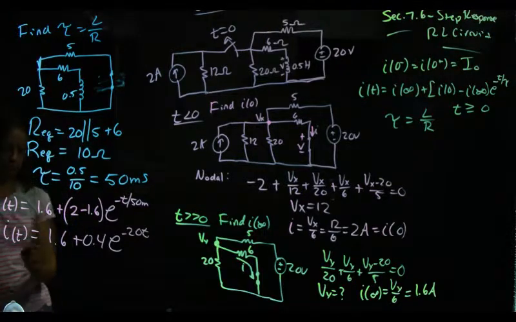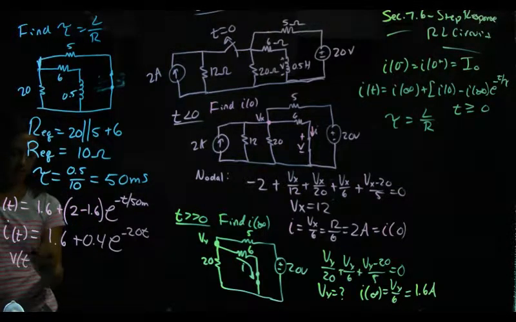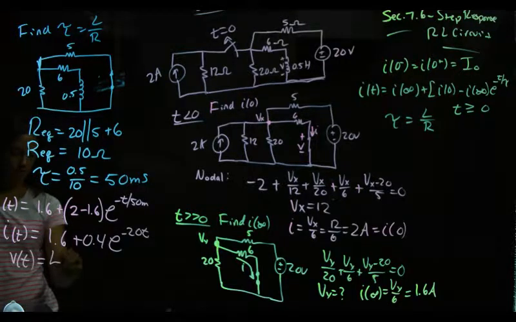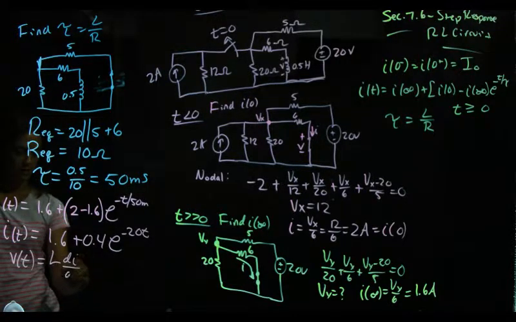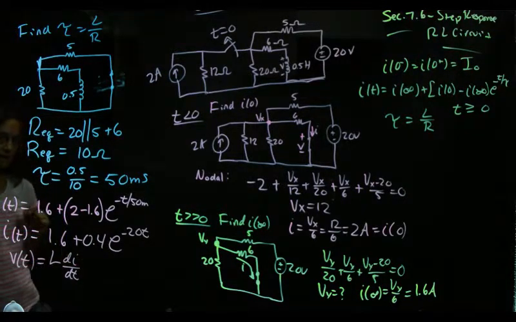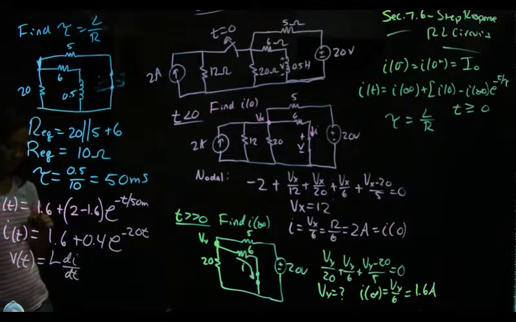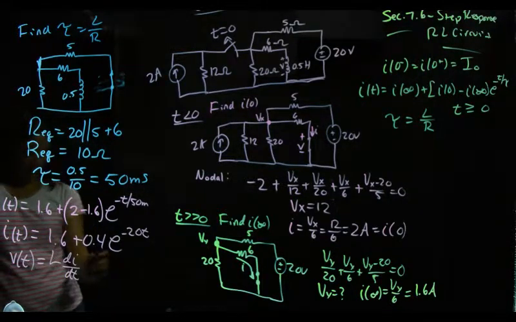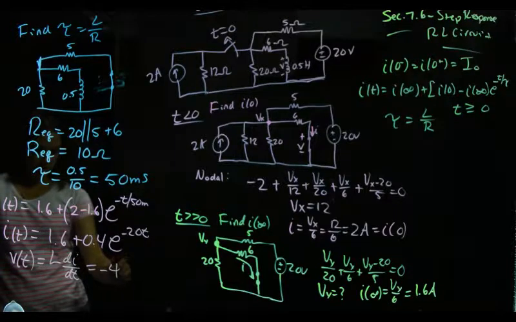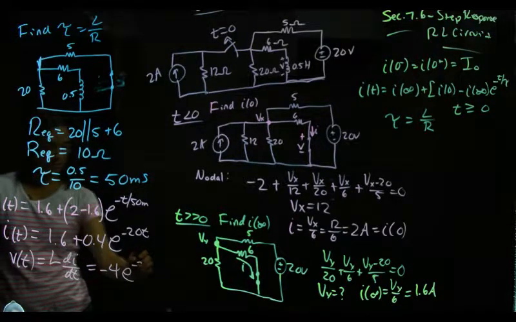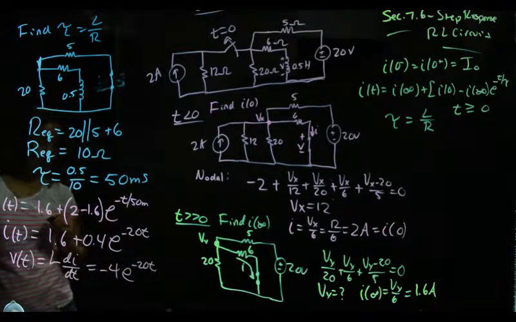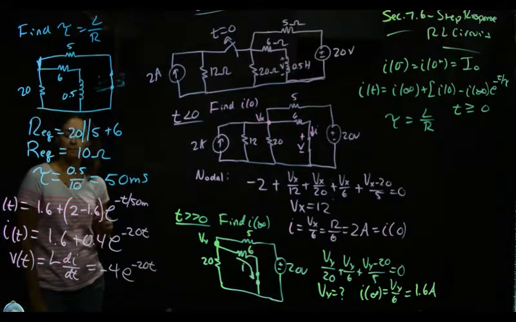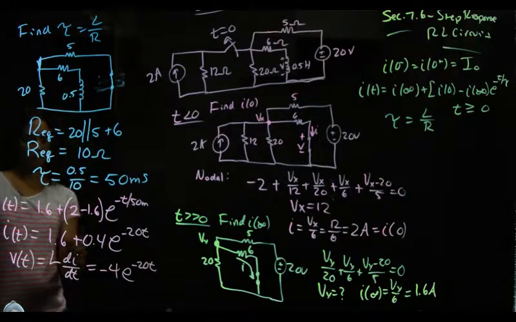So we need to use from chapter 6 that v of t is equal to L di dt. So you need to take the derivative of this with respect to t, multiply it by L. Again, I'm going to trust that you can do the calculus. I hope that that's true. You know what? Let's go ahead and do the calculus just in case.